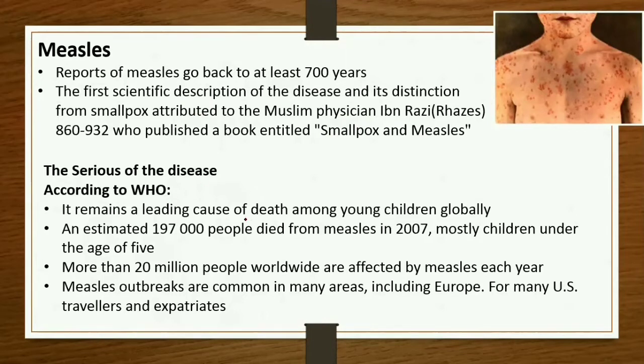According to the WHO, it remains a leading cause of death among young children globally. About 197,000 people died from measles in 2007, mostly children under the age of 5.